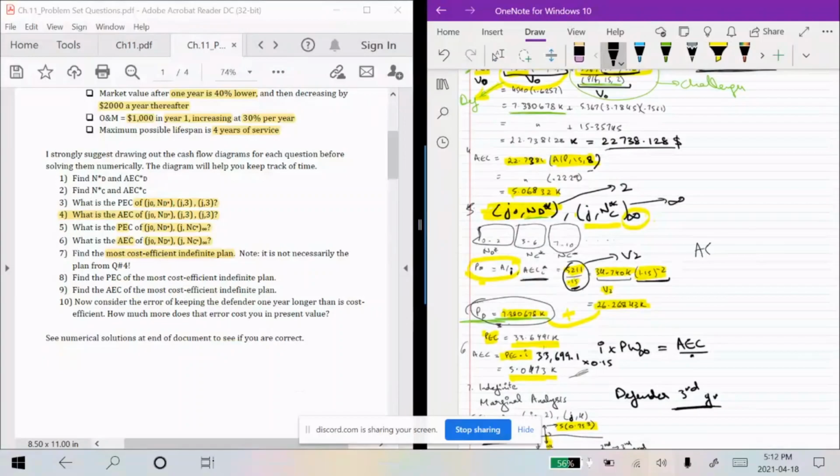AEC star for the challenger is 5211. We use the formula: PEC of the challenger for an indefinite series is going to be AEC star divided by I. So you divide that and you get the answer here. You get 34,740, okay?